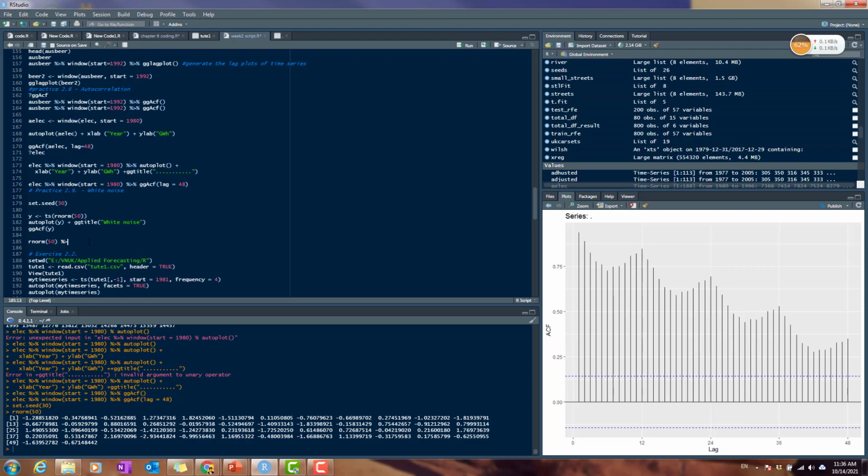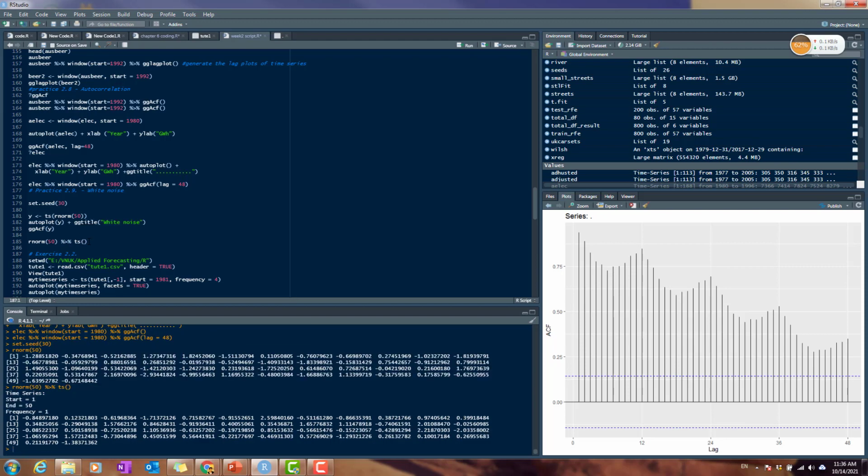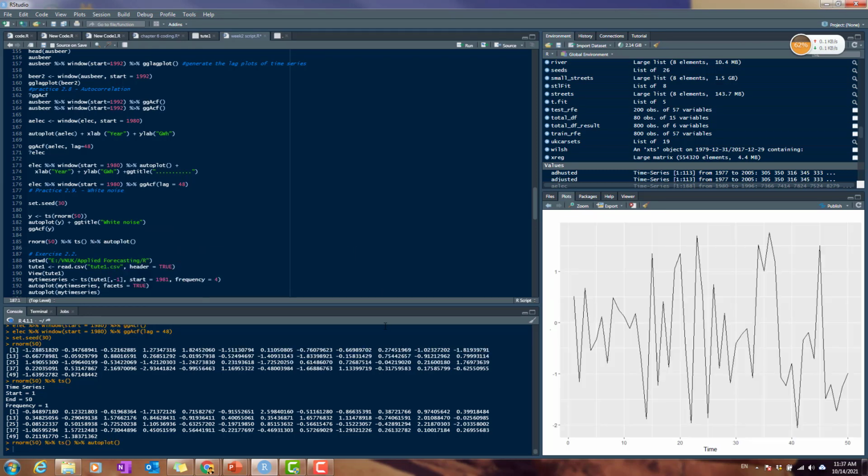Now let's turn it into a time series. Okay, it starts from 1 to 50 with frequency 1, right? That's cool. And now I want to put it into autoplot, to see the time series that you are working with.